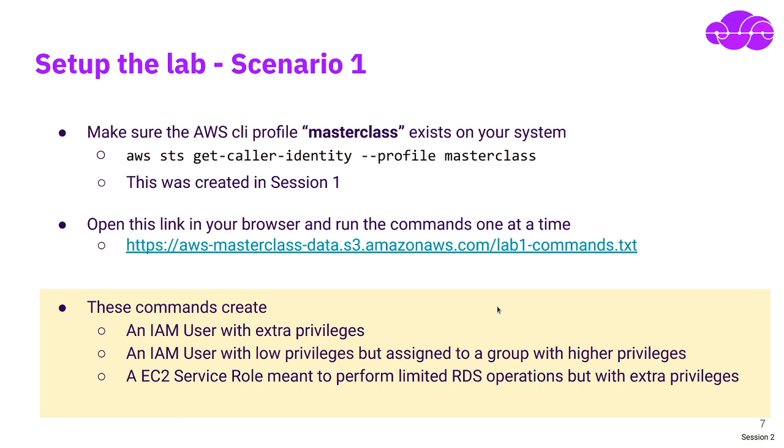Let's quickly go and set up the lab that we have. But before we get there, folks, please make sure that your AWS profile for Masterclass is set up. This is really important. Can you all confirm using thumbs up or yes in the chat?